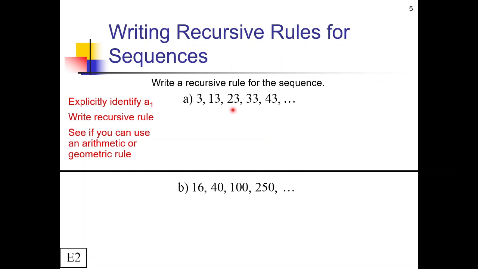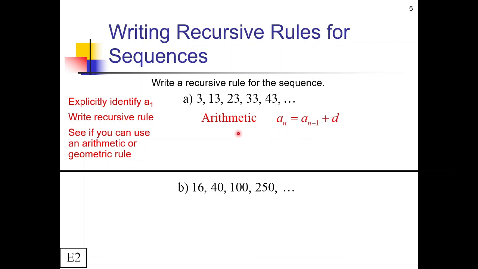Alright, so let's take a look at this first one. Now I notice that 3 to 13 to 23 to 33, it looks like we keep adding the same number over and over again. We've got a common difference. So this is an arithmetic sequence, which means I can use my arithmetic recursive formula, which again was a sub n equals a sub n minus 1 plus d. Just keep adding the common difference.